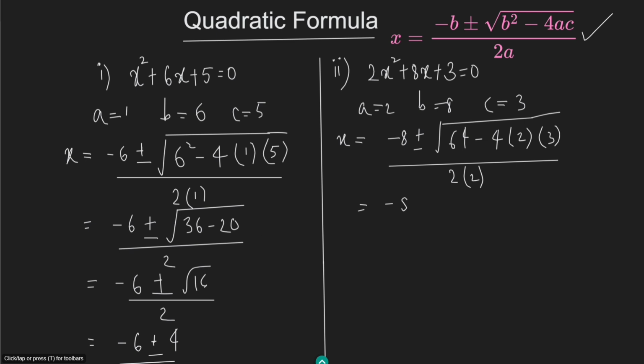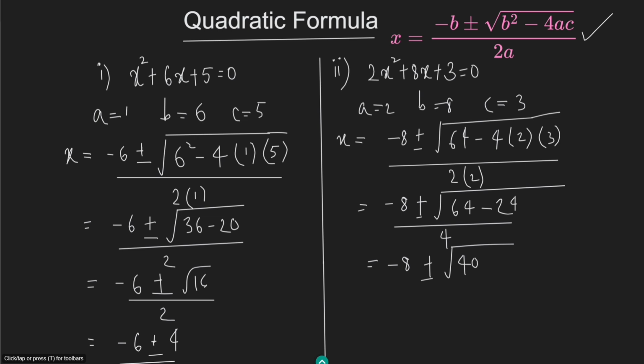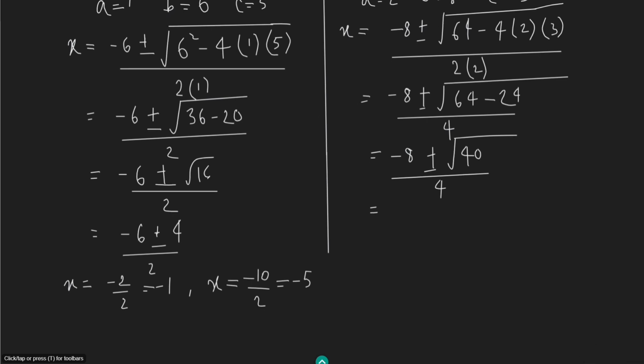Simplifying it further, we get minus 8 plus or minus 64 minus 24, because the multiplication gives us 24, divided by 2 times 2, which is 4, which is equal to minus 8 plus or minus, 64 minus 24 will give us 40. So it becomes the square root of 40 divided by 4, which is equal to minus 8 plus or minus, simplifying this root 40, we get 2 root of 10 divided by 4.